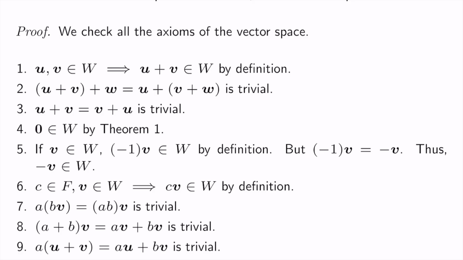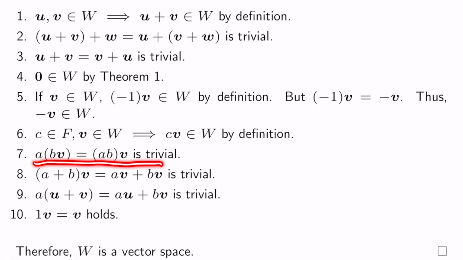We have shown this in another video. Therefore, the additive inverse of any vector exists in the subspace. And next, for any scalar C and any vector V in W, C times V belongs to W. This is part of the definition of a subspace.